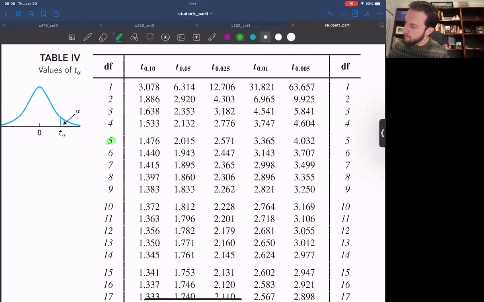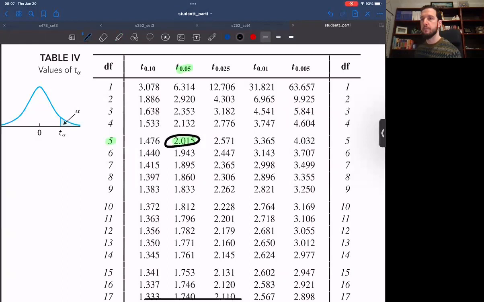Okay, so we have 5, 0.05, and that gives us a T value of 2.015. So the T value for this confidence interval is 2.015.